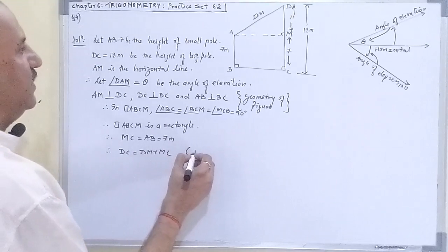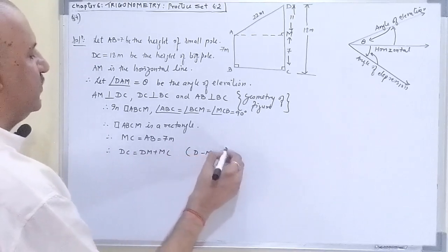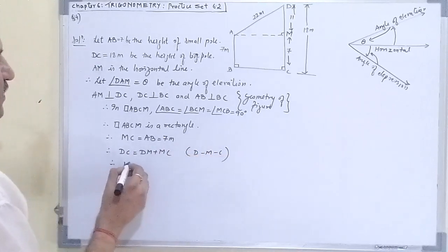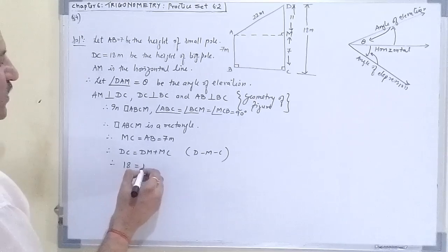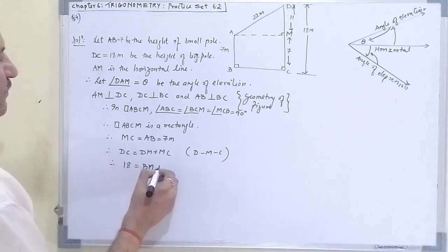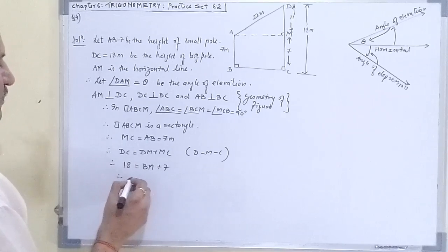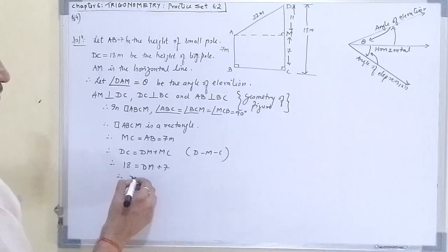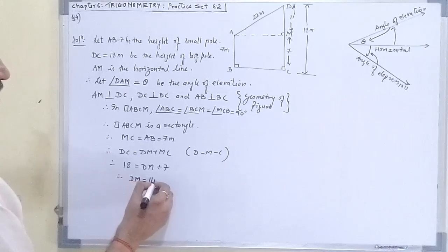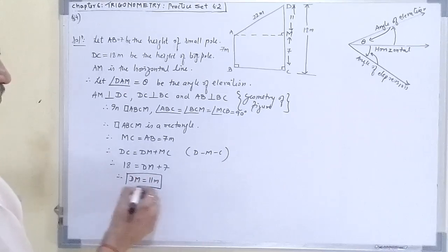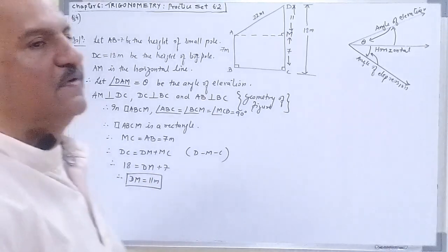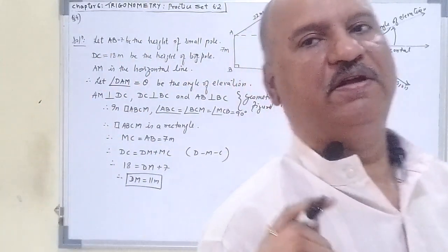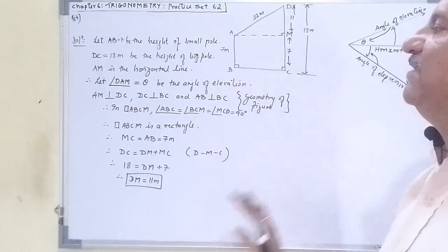Therefore, DC is 18 equal to DM plus 7. So, what is DM? DM will be 11 meters. So यहाँ तक up to here, whatever you have mentioned हमने लिख दिया.